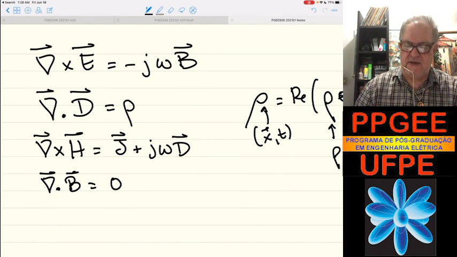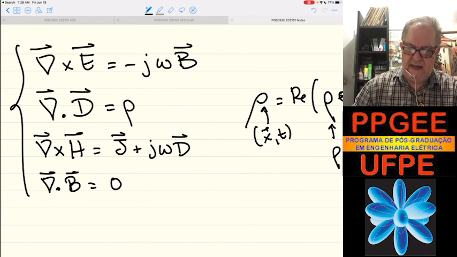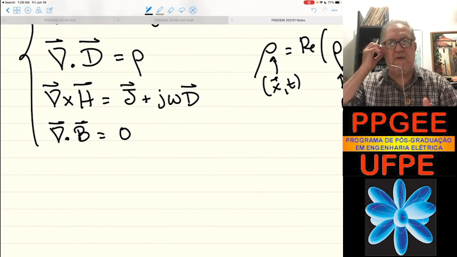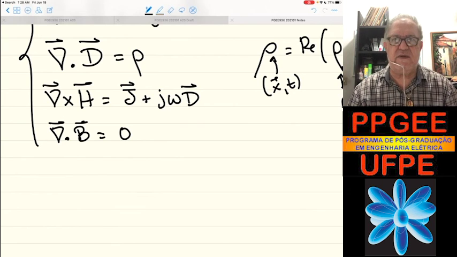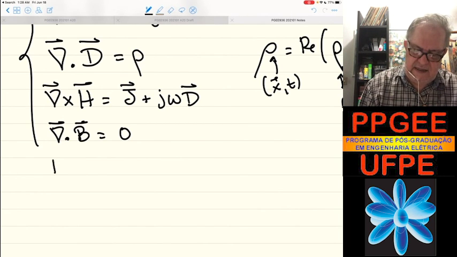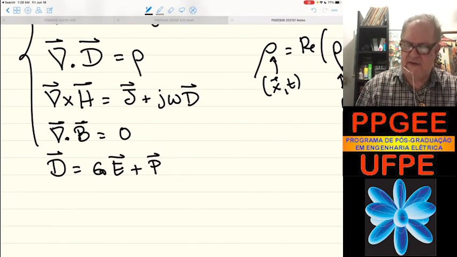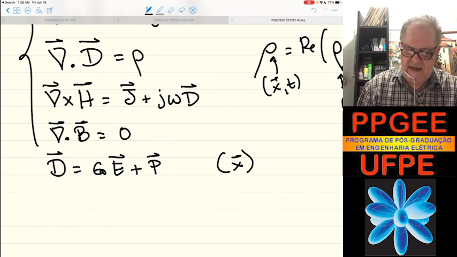The four equations assume this form now, this shape. Constitutive relations are replaced by the corresponding constitutive relations between complex vector quantities. D equals epsilon 0 E plus P, exclusive functions of x, right?